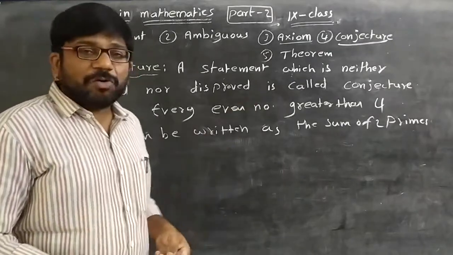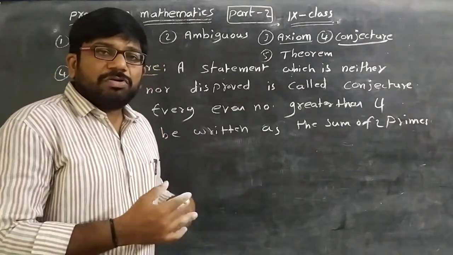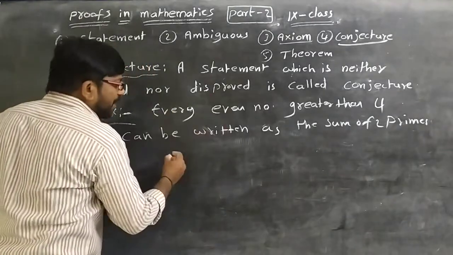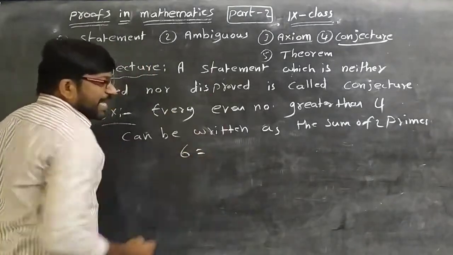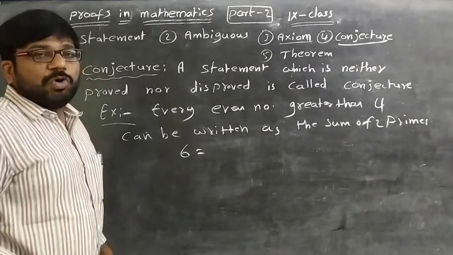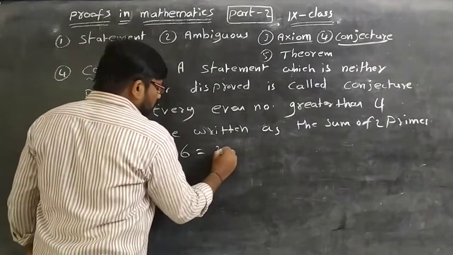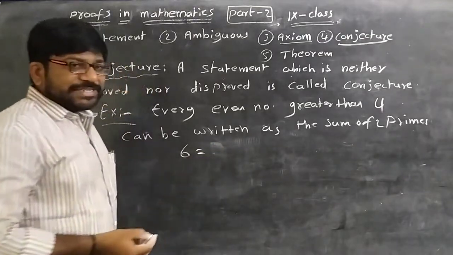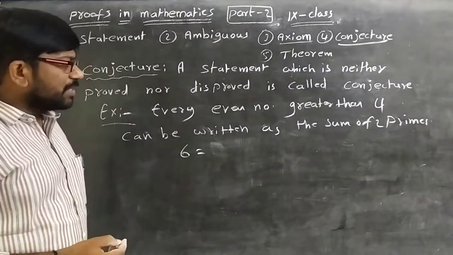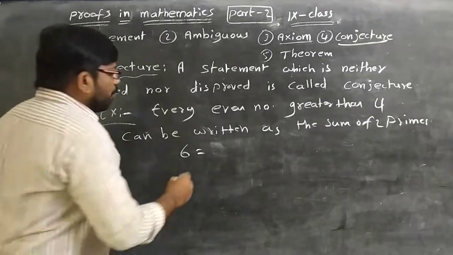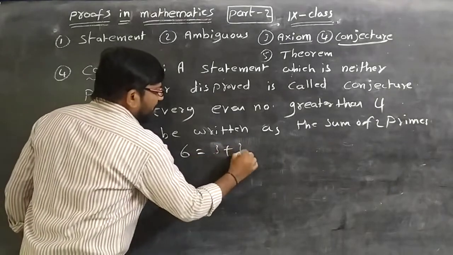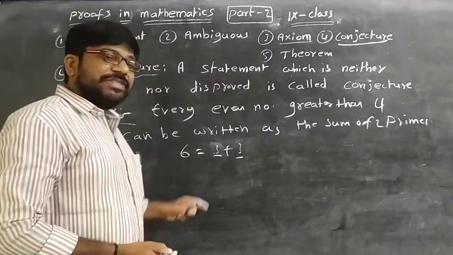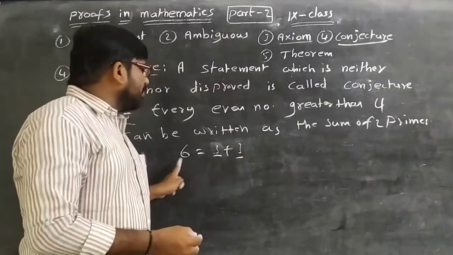So greater than 4, except 4, above 4, the next even number is 6. It can be written as the sum of two prime numbers. See, 6 can be written as the sum of two primes. What are the two primes? 3 plus 3. 3 is a prime number, right? So 6 can be written as 3 plus 3.